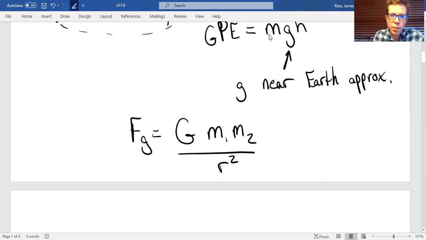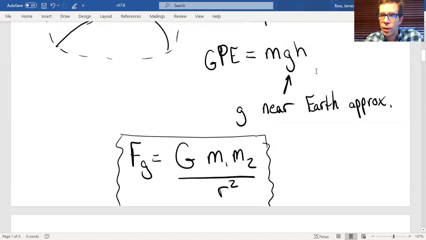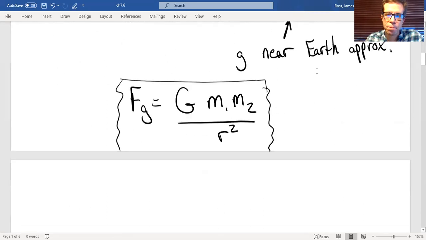I'm not going to go into detail right now. Maybe when we revisit gravity, we'll do that in detail. But I just wanted to go ahead and mention that it's not going to be the same when you talk about large distances rather than just near the surface of the Earth. All right.